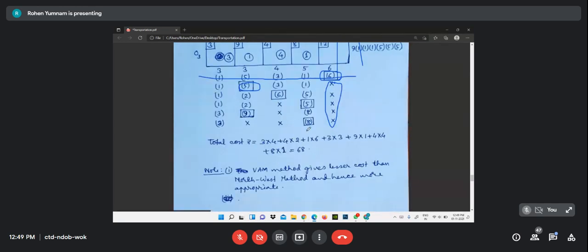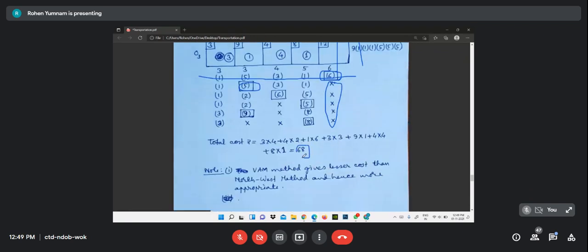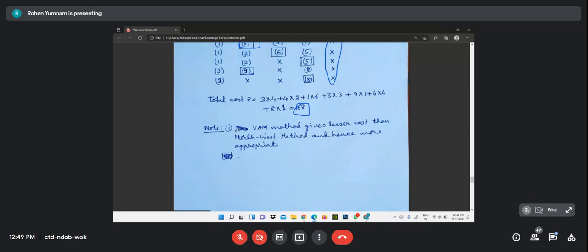Likewise, others are also. If you observe this carefully, whatever was done in different tables will come here as a combined result, and the result is 68. And then you can remark like this: BAM method gives lesser cost than Northwest method and hence more appropriate.